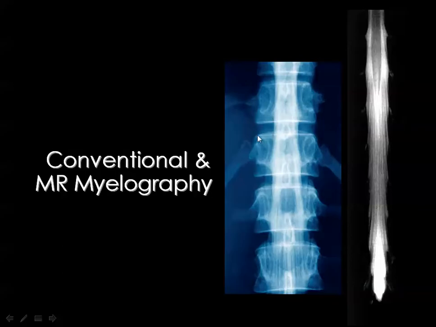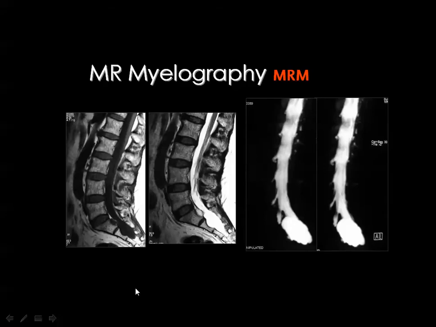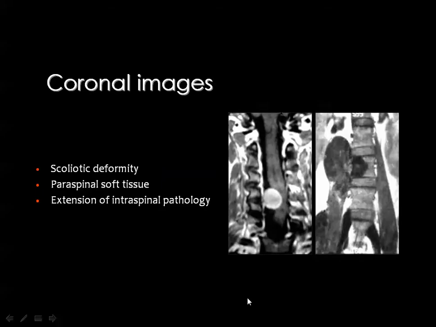This is the difference between conventional myelography, where you can see the bones, while in MR myelography you cannot see the bone, you see only the CSF. And this is sagittal T1 of the lumbar spine, CSF is black, sagittal T2, CSF is bright, and myelography in the oblique view, and you see a big perineural cyst in the sacrum, which is also appreciated here.